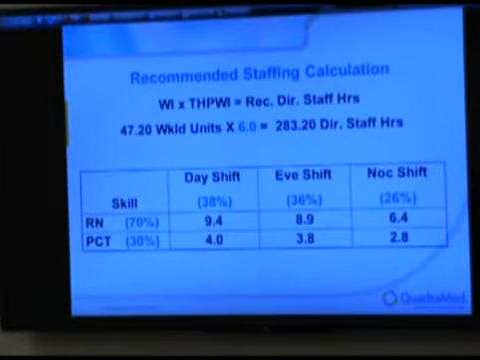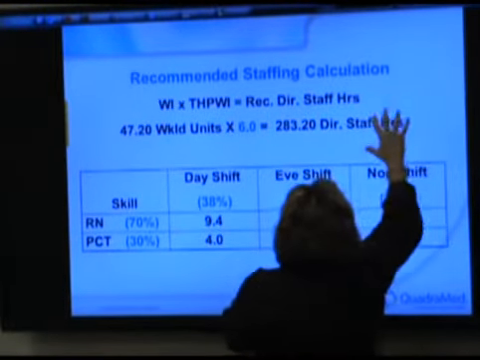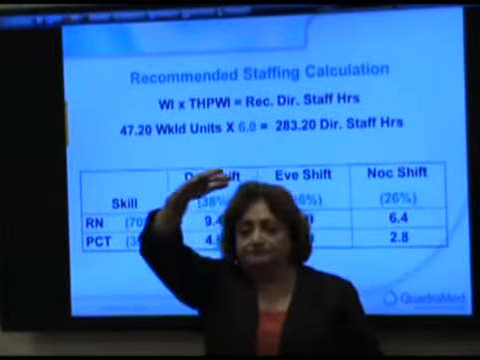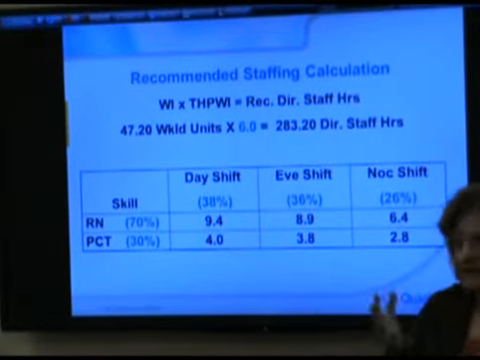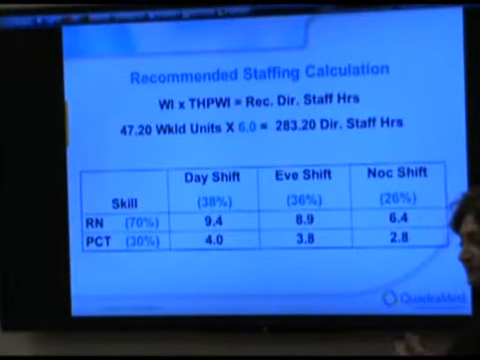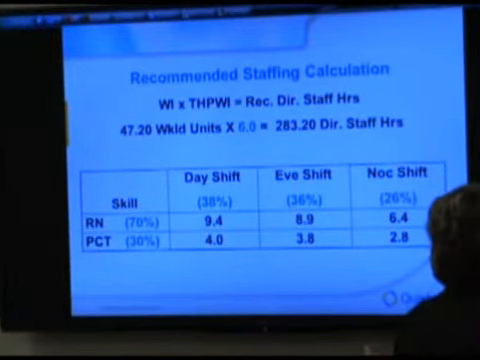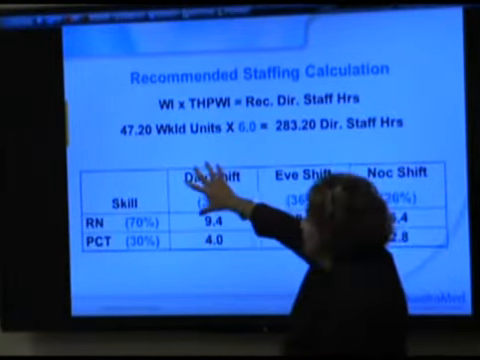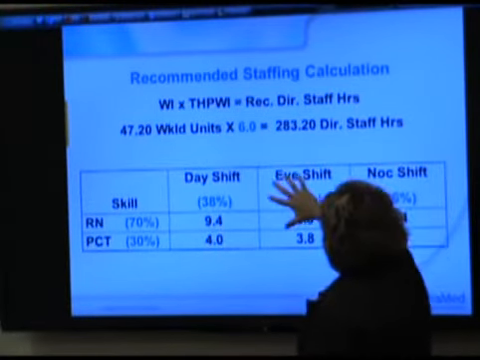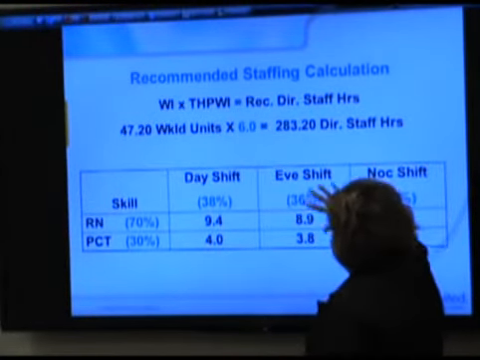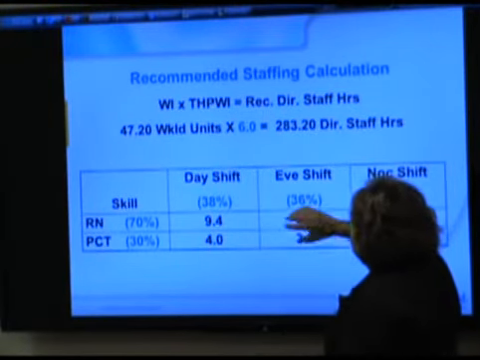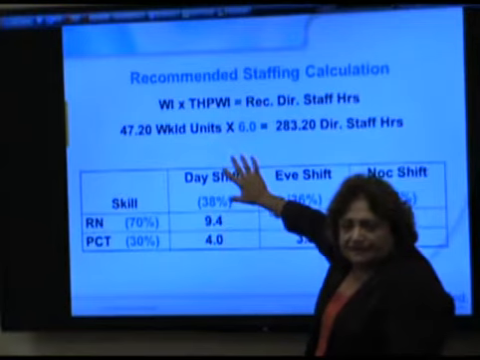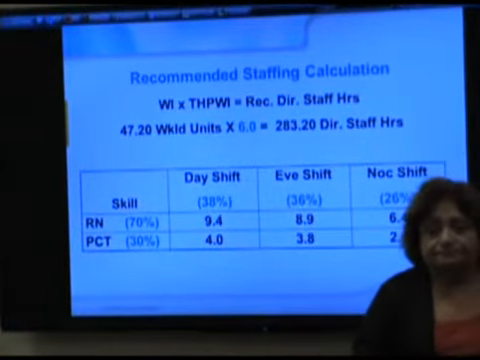So if the target gives us overall hours in a 24-hour period, a bucket of hours, then the next step is how do we divide that bucket on days, evenings, and nights? In the software, we'll put in shift distribution goals by patient type so that we can look at how many of these hours should be distributed on days, evenings, and nights.